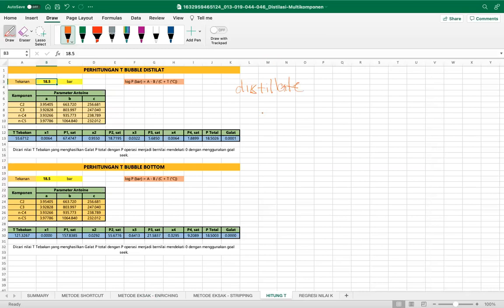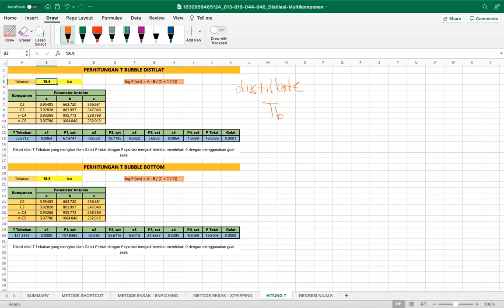Is it saturated liquid or saturated vapor from the problem? Looks like it's a saturated liquid. Okay, because it is saturated liquid, we have to find the T bubble.